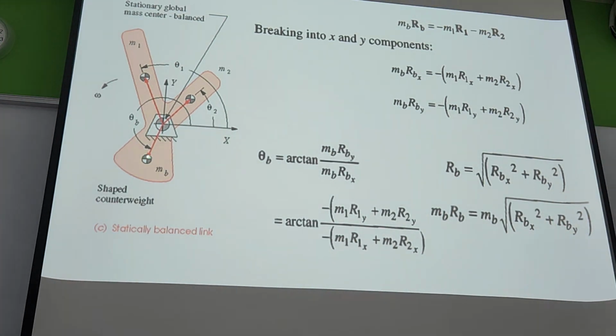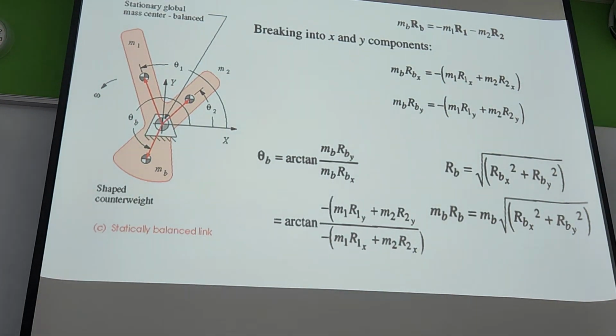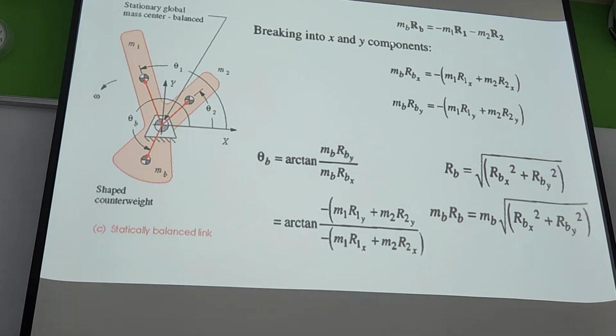So mb is your balancing mass which you are creating, rb is the distance. Now consider theta 1 is the angle of link 1, theta 2 is your angle of link 2, and theta b is the orientation or angle of the balancing mass. We can write now this mb rb, because omega is common.